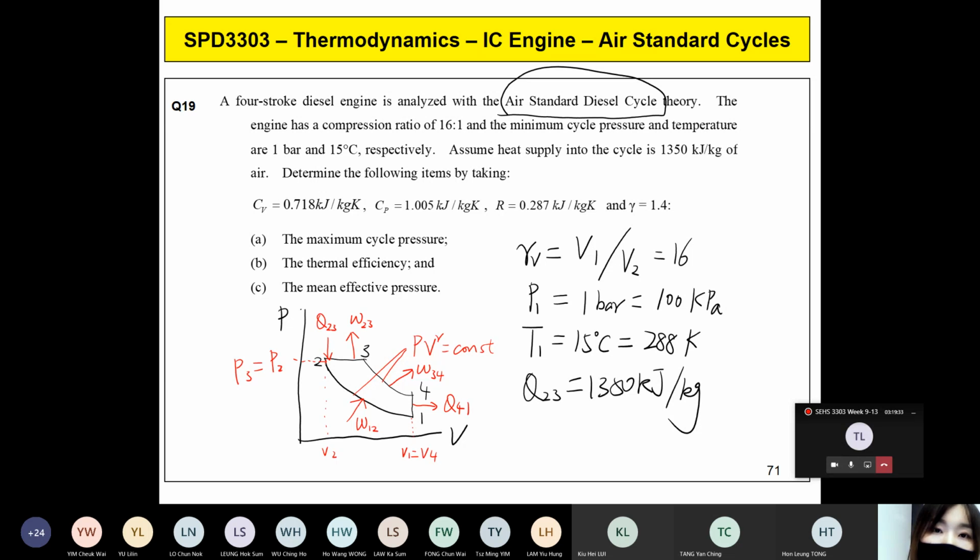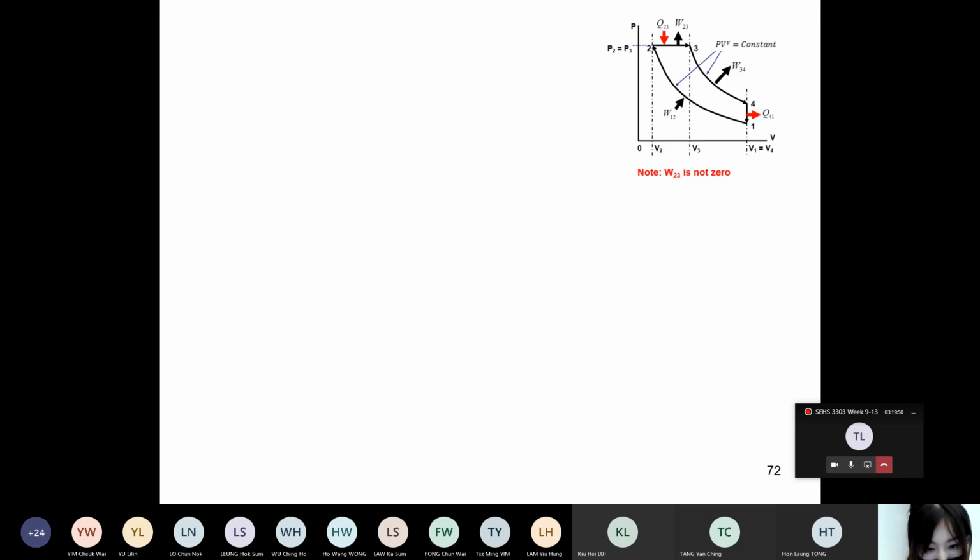Do not jump any process. Otherwise, you may have some errors, okay? You may have some wrong results. Do not jump. Follow the process step by step to solve your problem. Then let's start.